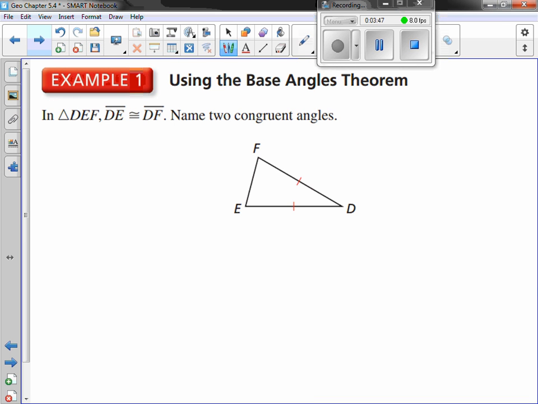In this triangle DEF, DE is congruent to DF. Name two congruent angles. So what would be our congruent angles for this triangle?